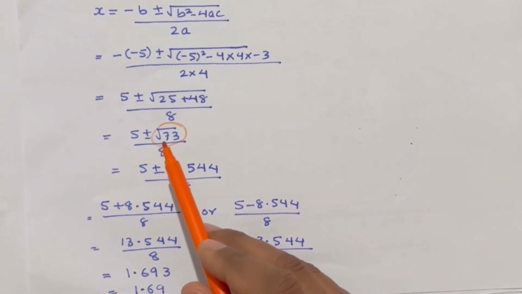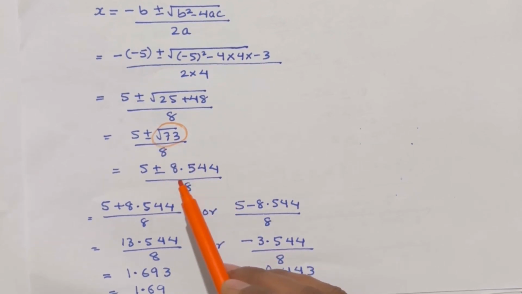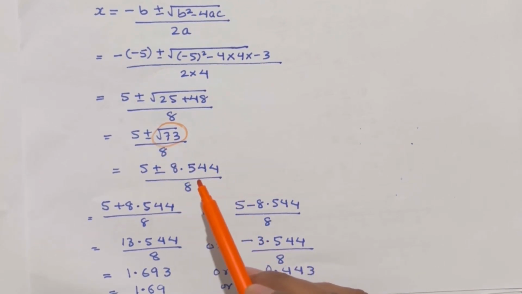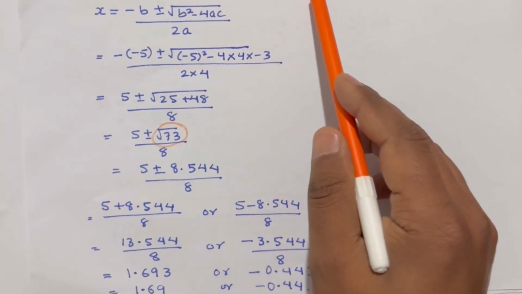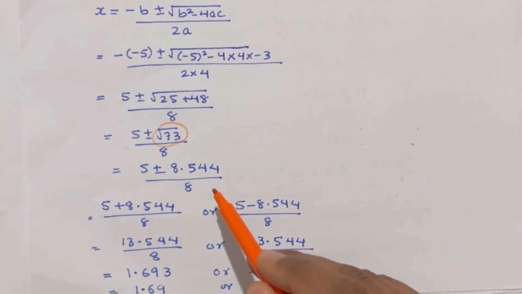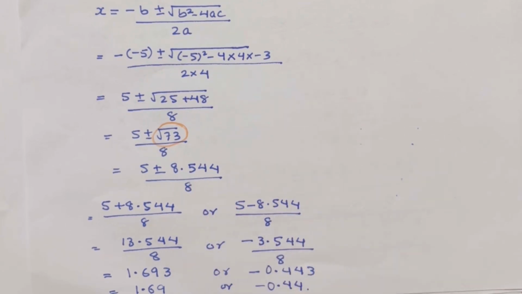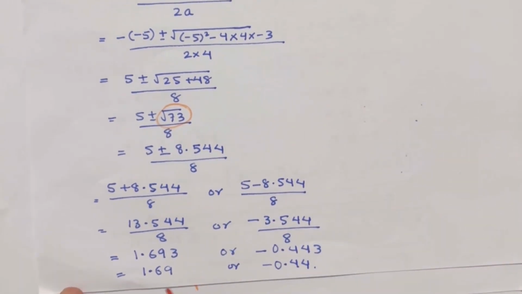Okay, here suppose the value of root 73 is 8.544. You are supposed to write the answer correct up to 2 decimal places, but in this step you are supposed to take all the digits. Okay, all the digits, and calculate, you will get the answer in this form.